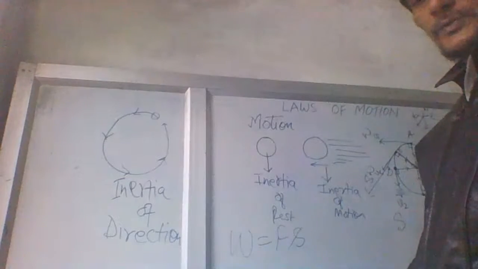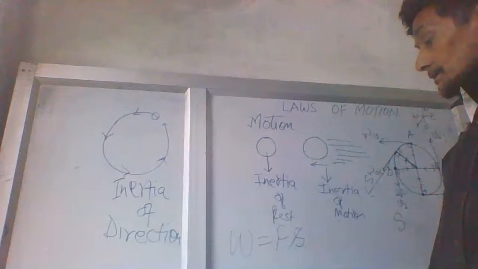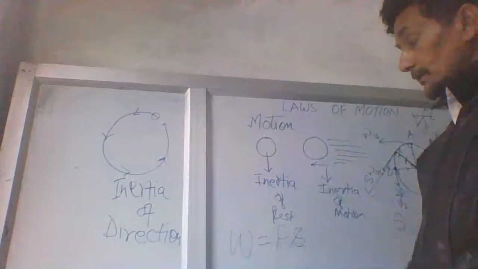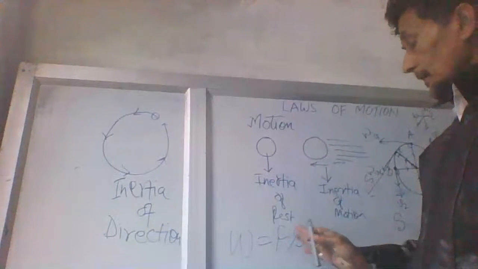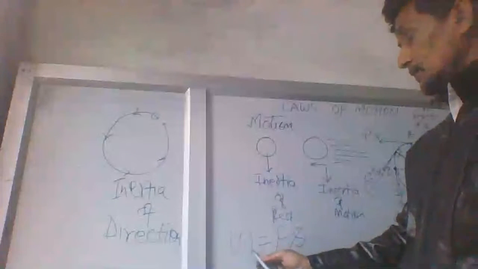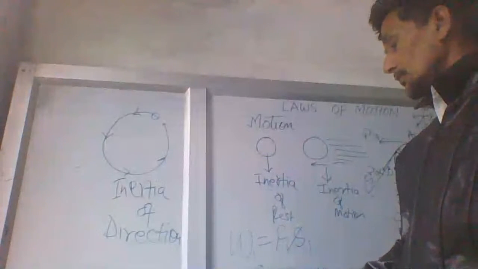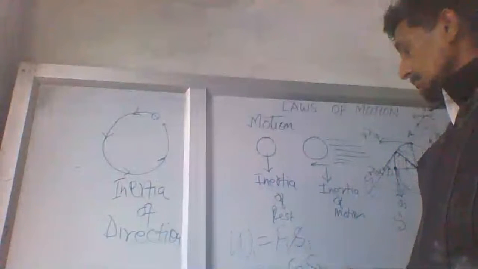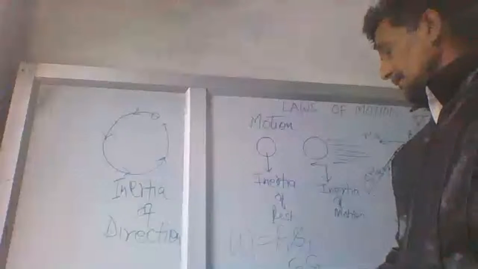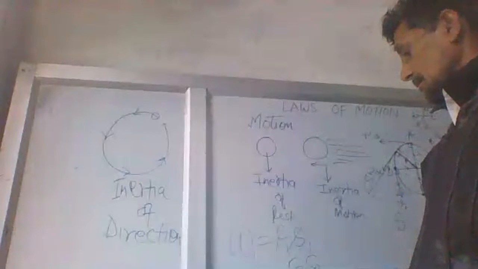Work is equal to force into displacement. Similarly, if the work is conserved, then the force and displacement will also be conserved. In this condition, W1 will be F1 S1, W2 will be F2 S2, W3 will be F3 S3.